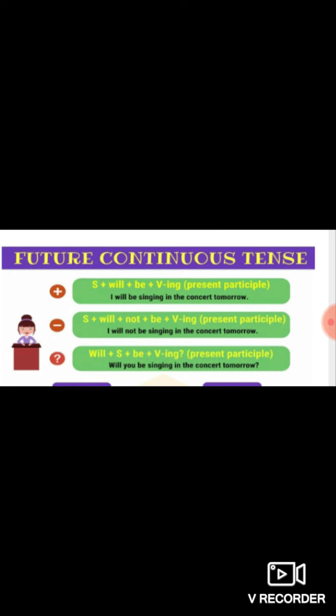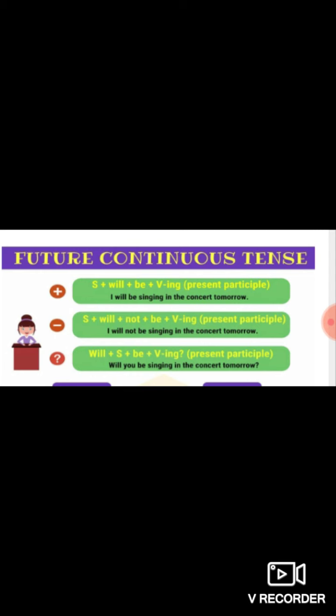And in interrogative sentences, first of all will, thereafter subject plus be plus first form of verb and object. The example is, will you be singing in the concert tomorrow? This is all about the structure of future continuous tense.